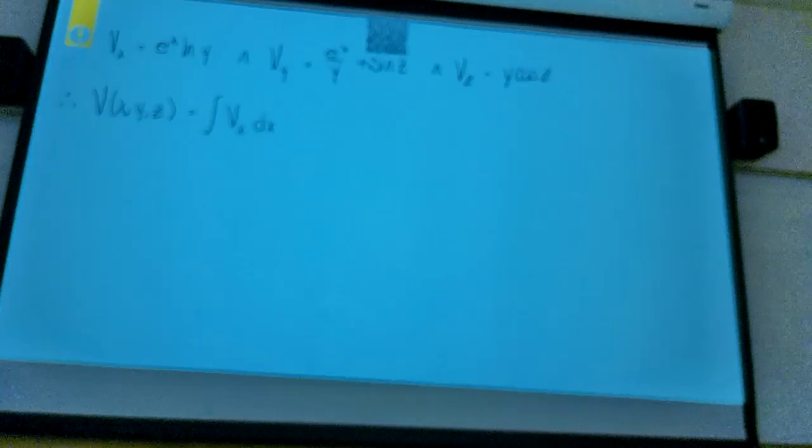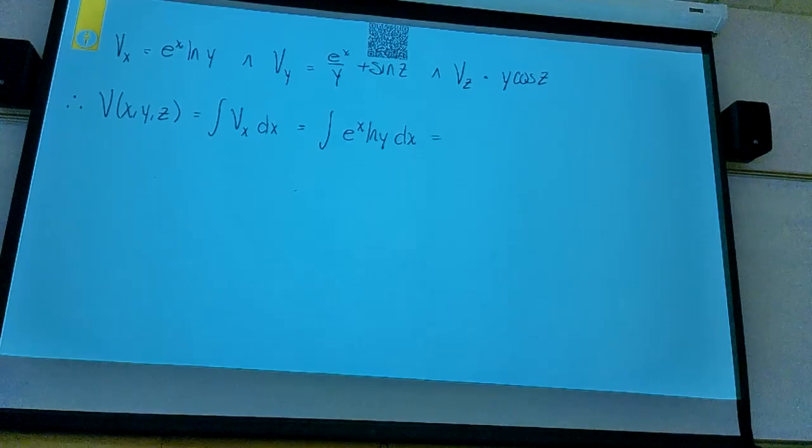The antiderivative. What's that antiderivative? E to the x ln y. Plus c. You're not incorrect. There's going to be a constant, but it's not just c.